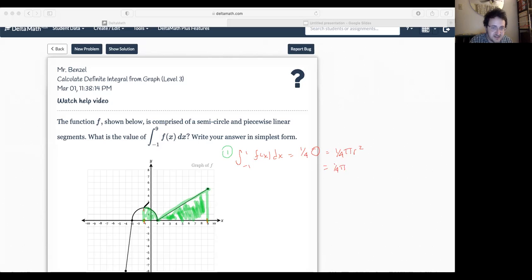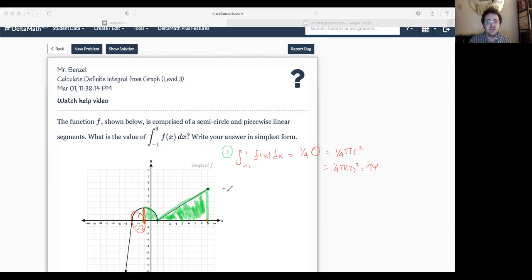And the radius, we'll just say that the radius is equal to 2. So let's see, that's a quarter of 4. So that's just going to get us to pi. And we'll just keep it as pi for right now.